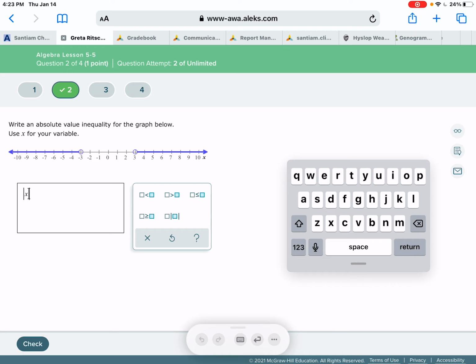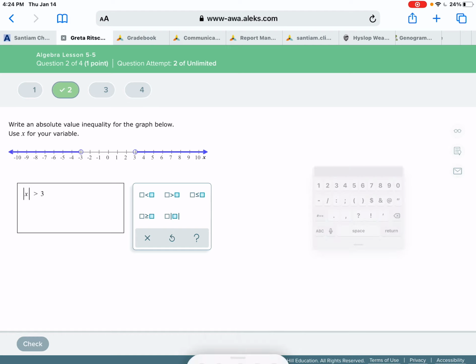We want it to be outside, greater than 3, because that would also imply in the second case that not only is x greater than 3, but x is less than negative 3. So that should have both cases implied there.